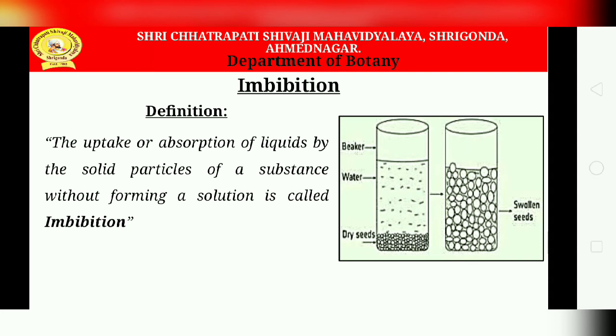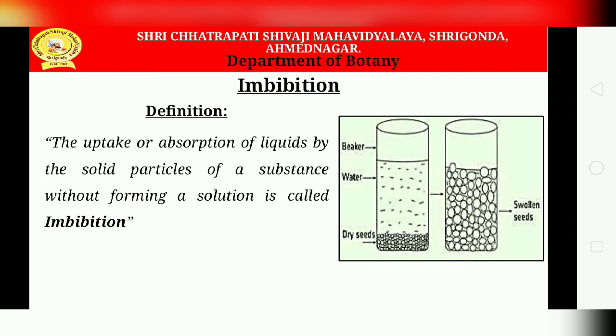Imbibition is also actively involved in water uptake under certain conditions. The swelling of dry seeds when put in water is the best example, as we can see in the picture. Another example is the imbibition of wood.